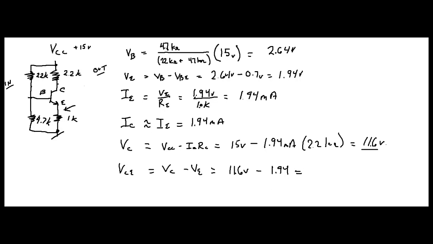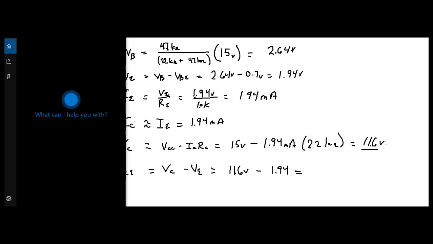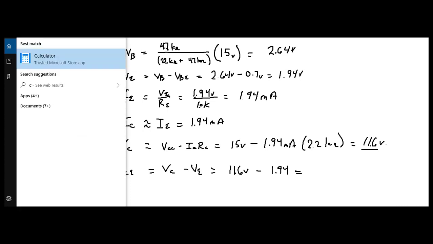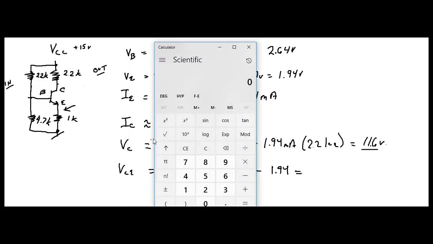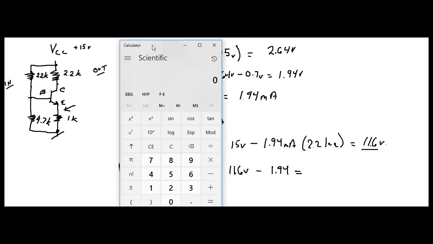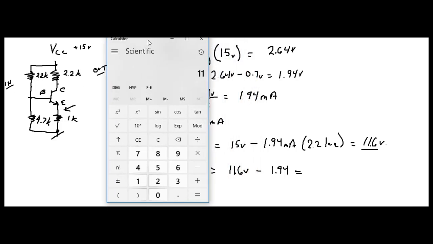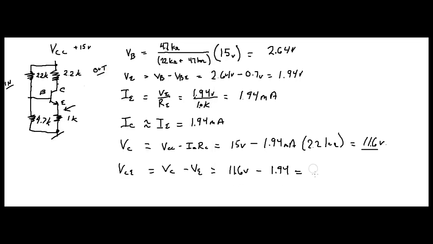All right, this will be interesting. Well, why not? Let's do it. You guys can see it right there, right? This is beautiful, right? 11.6 minus 1.94, and what's that going to equal? 9.66, right? So this is going to be equal to 9.66 volts.